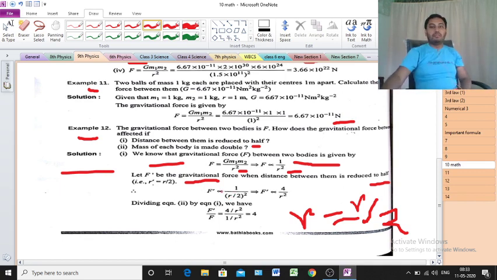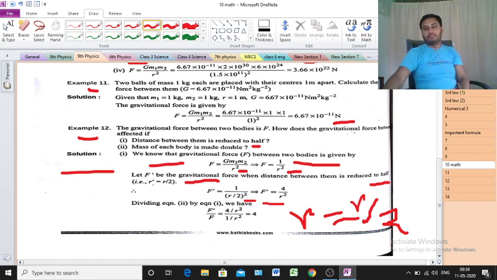So F prime is proportional to 1 by (r by 2) whole square. (r by 2) whole square means r square by 4, so the final expression will be F prime proportional to 4 by r square.